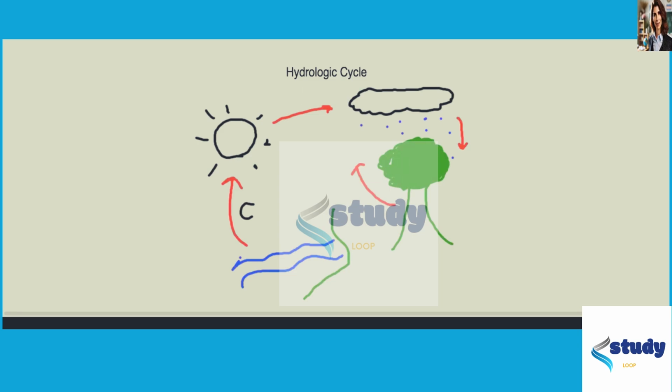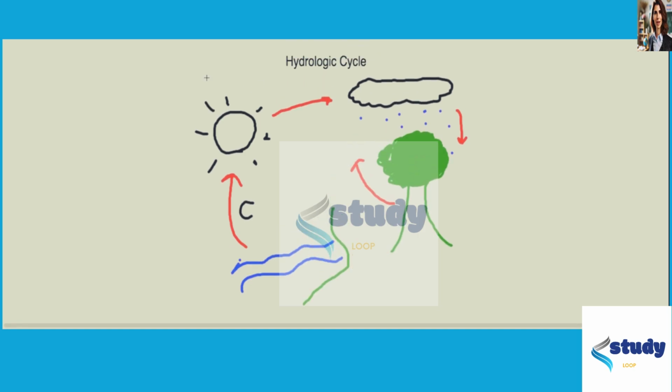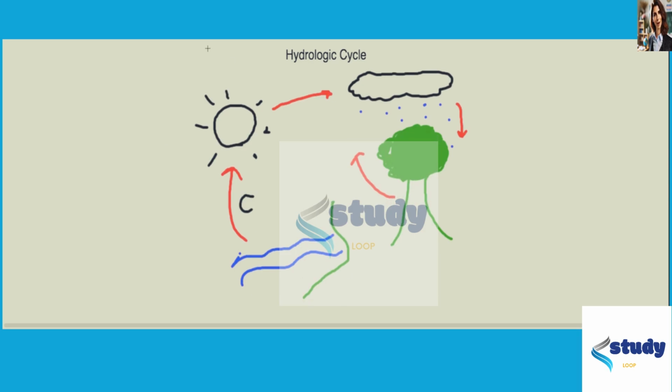All right, for this question, we're being asked to basically show our understanding of the hydraulic cycle and the different components of it. So here I've replicated a very simplistic version of the hydraulic cycle.